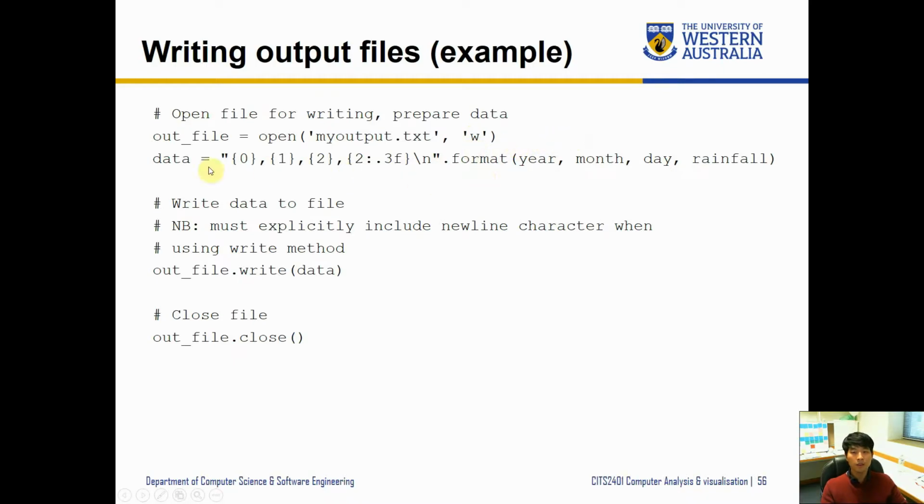Okay, and what we want to do is create year, month, day, rainfall. This is the rainfall data that we have seen from the previous video about the rainfall data in Perth. Then what we're going to do is create a text file with such format and chuck it in there. Writing a file is actually easy. You just have to call the write method and put the data in there.